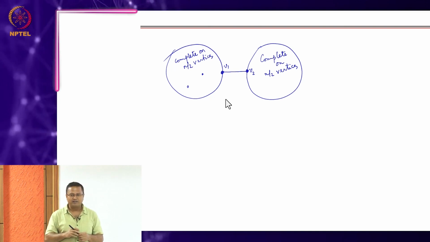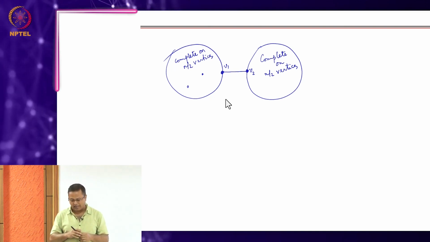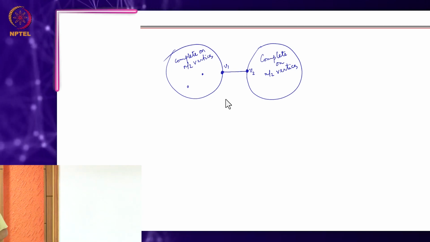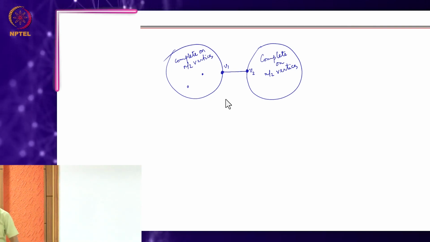Yeah, so this minimum degree idea is not going to work algorithmically. It might help me in proving certain bounds, but that we will see later on.